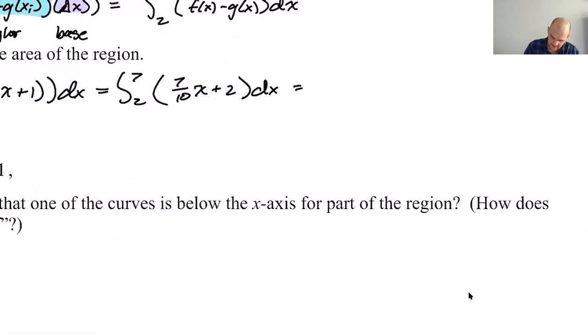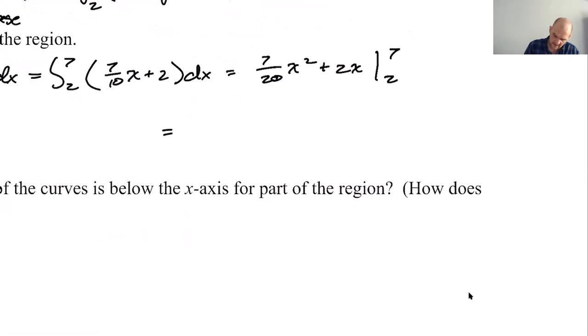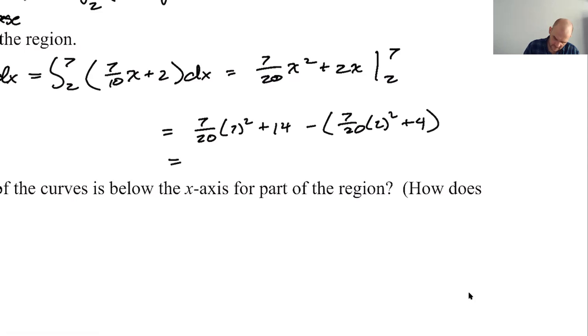Now we integrate. So I get 7 over 20 x squared plus 2x from 2 to 7, which is going to be, all right, so let's say 7 over 20 times 7 squared plus 14 minus the quantity 7 over 20 times 2 squared plus 4. So what I'm going to do is combine like this with this. There's a 7 over 20, and then I get 49 minus 4 is 45.